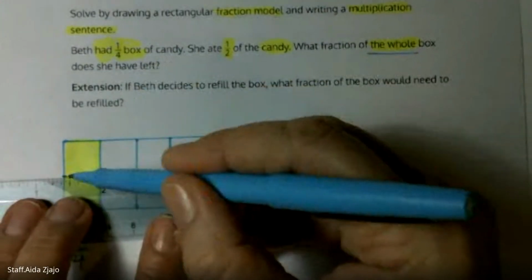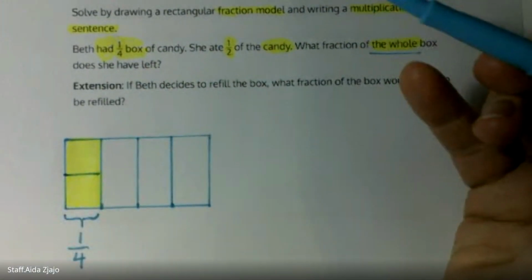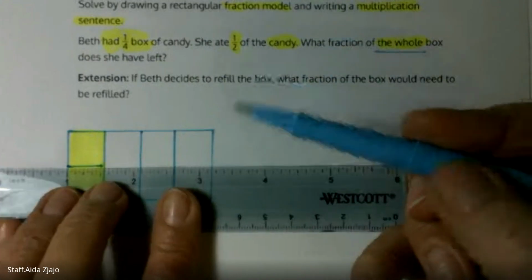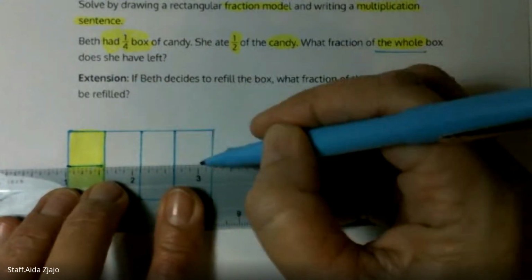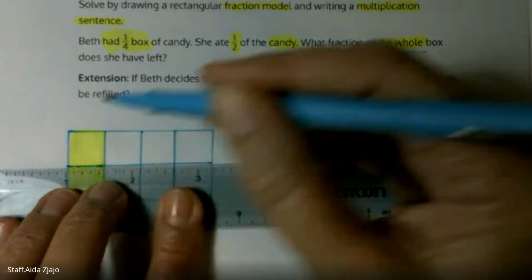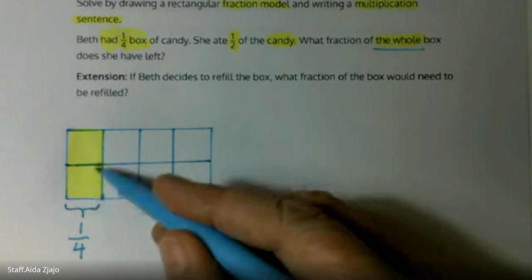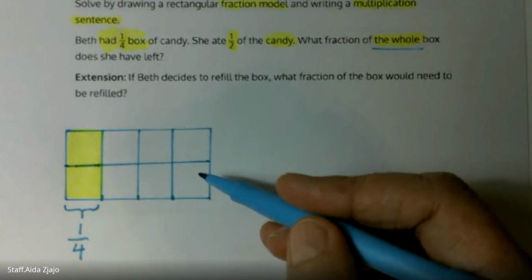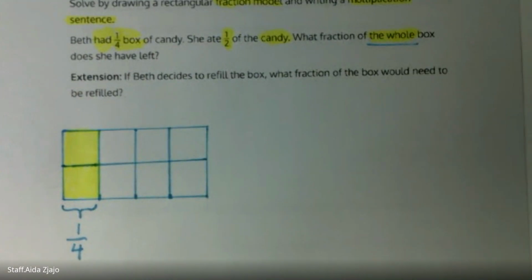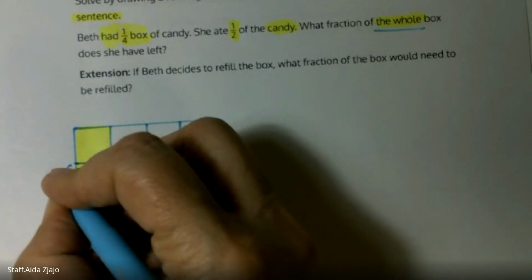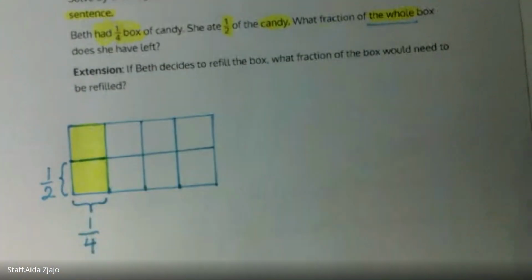I can cut this into 2 pieces, but that's not the whole of it. So we have to account for all of this box that used to be full. Now the parts are equal size, and we know that she ate only 1/2 of this yellow part.